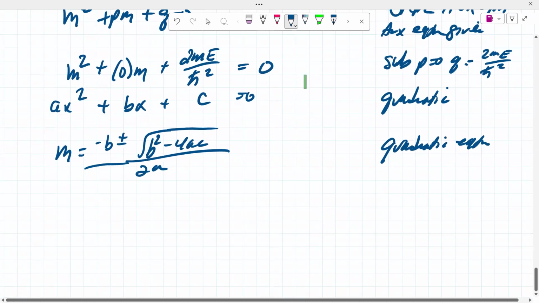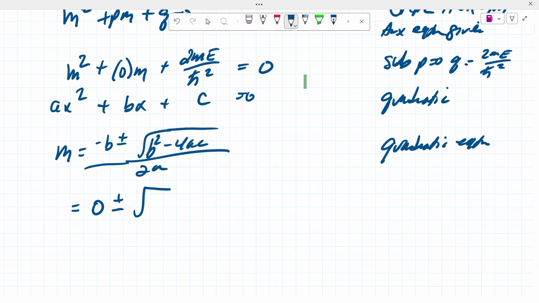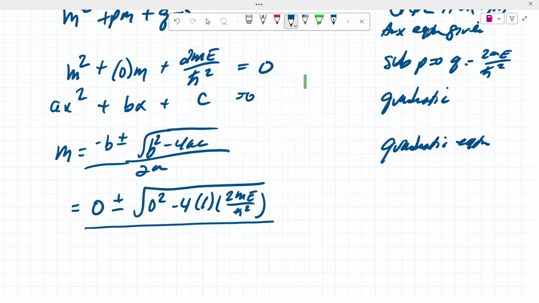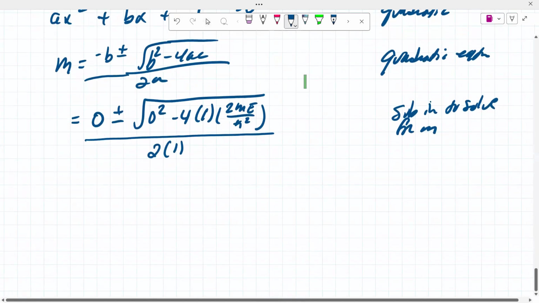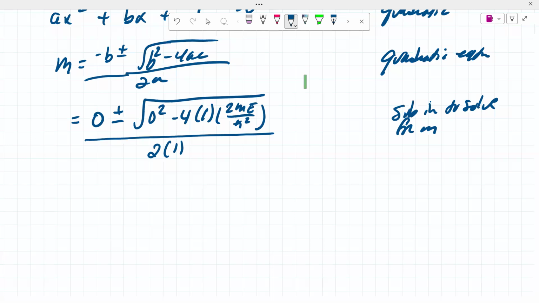The b is 0, plus or minus the square root of 0 squared minus 4 times a. By definition a is always 1 because we clear our second order differential equations to have a be 1. And c is 2me over h bar squared, all over 2 times a, and a is 1. To solve for m. By the way, this m here is the mass, which is not the same m as our generic m for this equation, just to be clear about that.